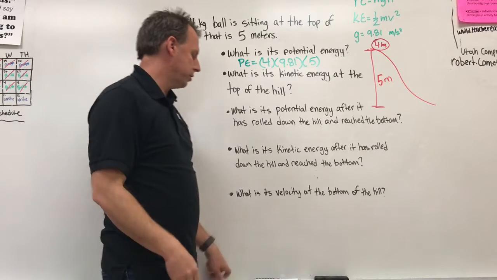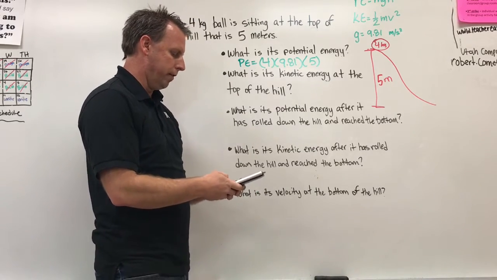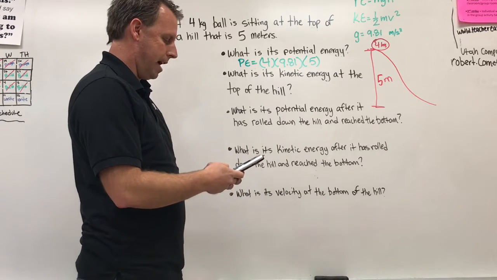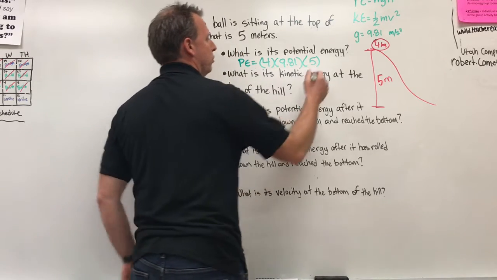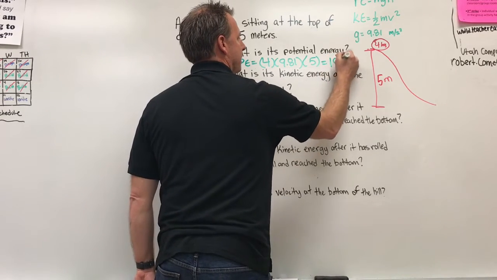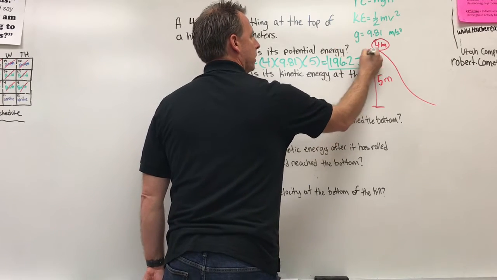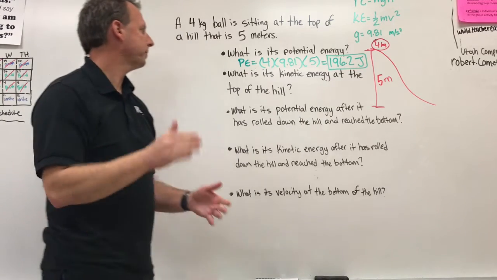We're just going to multiply those together and we will have its potential energy. So I'm going to grab the calculator here. 4 times 9.81 times 5. Come out with 196.2 joules. We measure energy in joules.